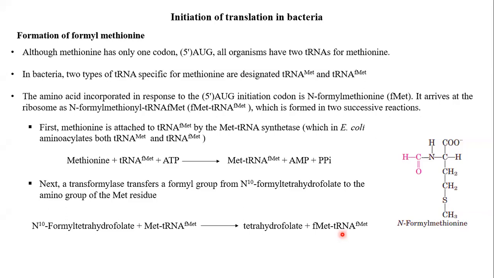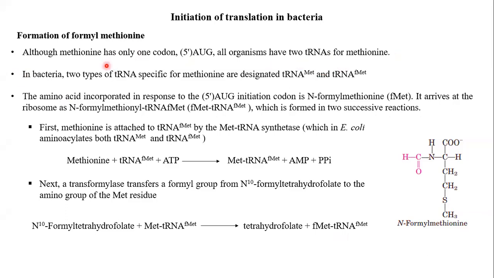So the transfer RNA which is exclusively for initiation will bring the formylated methionine and bind to the AUG codon during the initiation. So here is the first point. Although methionine has only one codon, all organisms have 2 transfer RNAs.